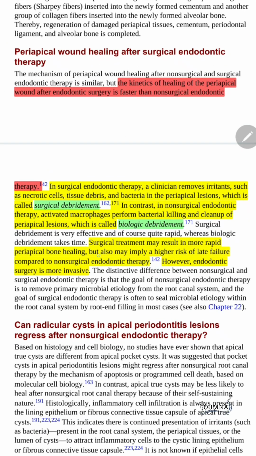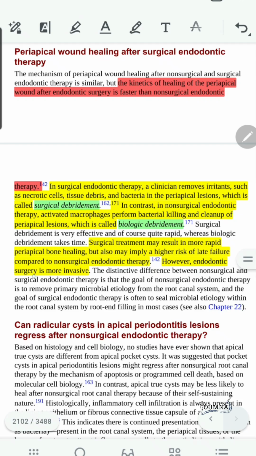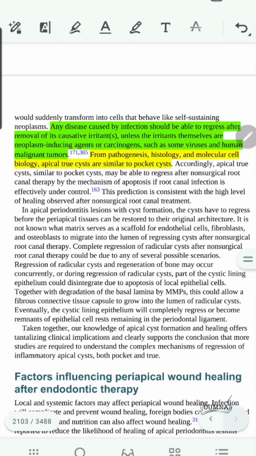But we know that the surgical treatment may result in a more rapid periapical bone healing, but also may imply a higher risk of late failure compared to non-surgical endodontic therapy. And endodontic surgery is more invasive.